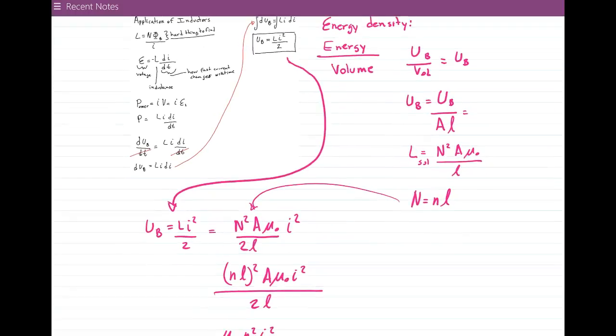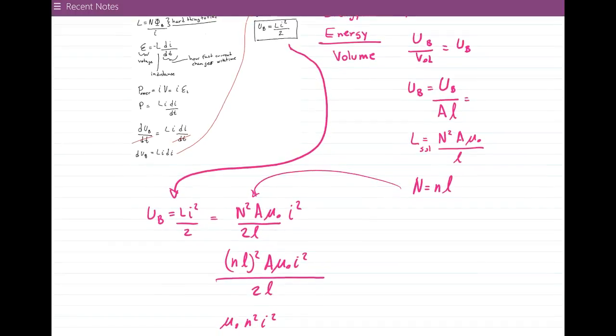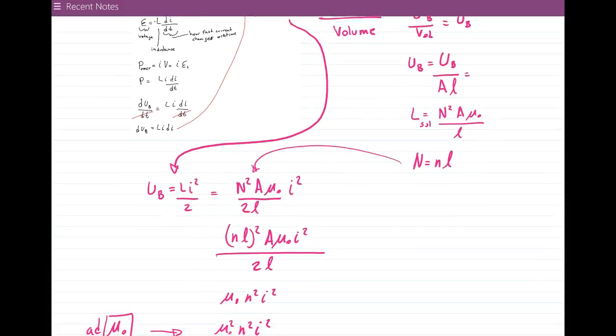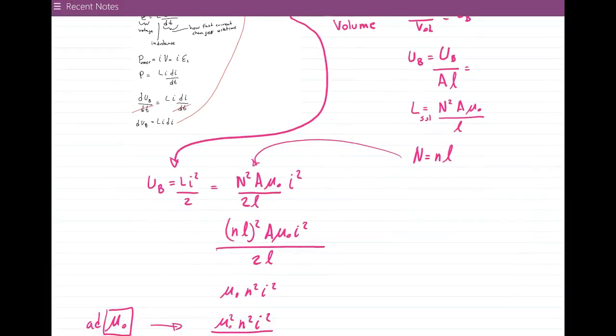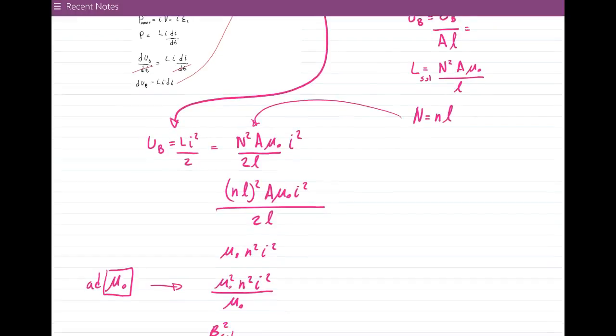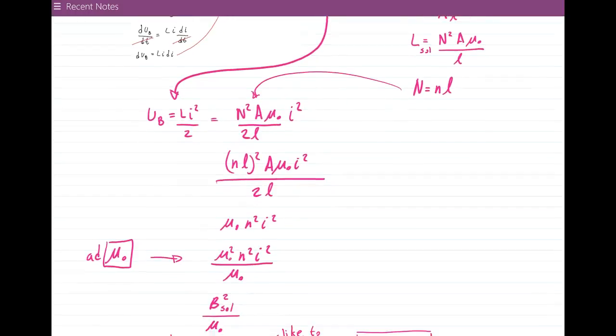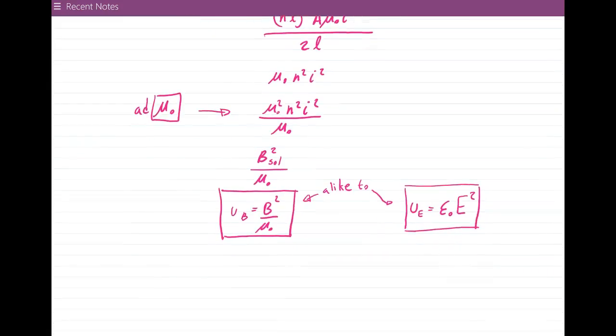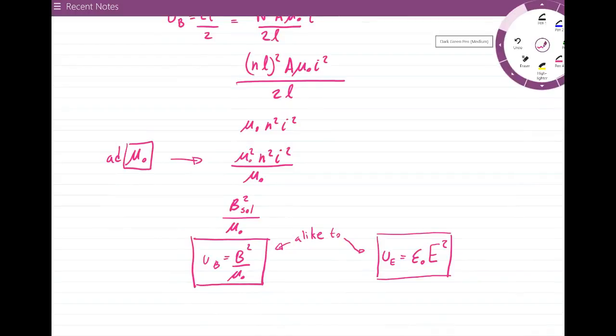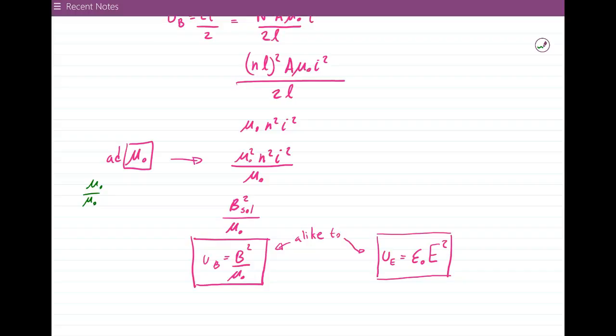Okay, so I got to here, right? And then I multiplied by 1, but I chose 1 to equal mu naught over mu naught, so that squared that one and put one value. Why did I do that?